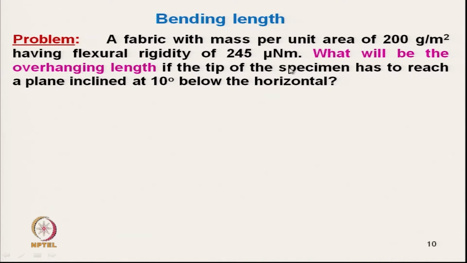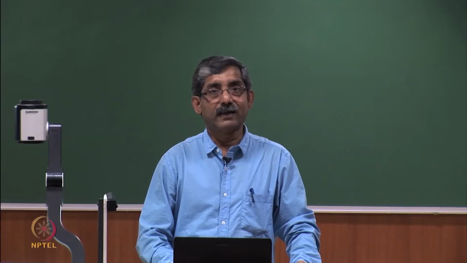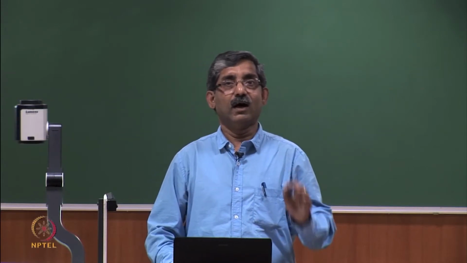What will be the overhanging length if the tip of the specimen has to reach a plane inclined at 10 degrees below the horizontal?